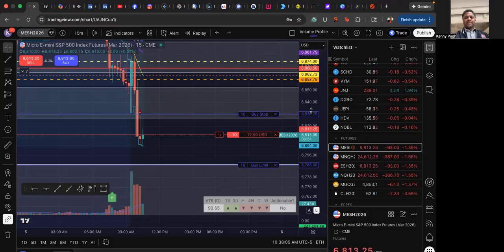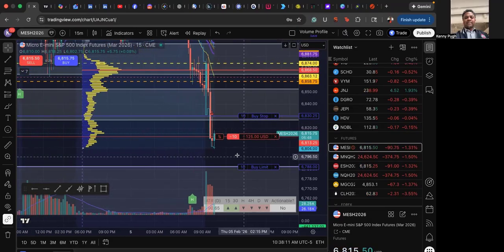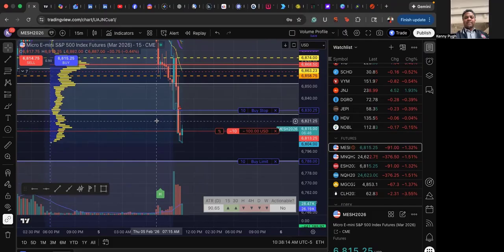I'm allowing this thing to migrate and rotate within this volume node here. And you can see now I'm down a little bit, but right here is ultimately where I start to pay attention if something is going to push back up against me.